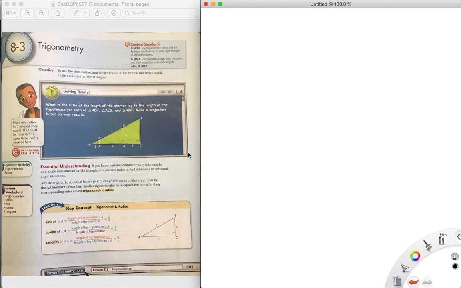Alright, this is Geometry, Chapter 8, Section 3, intro into some basic trig. Trigonometric ratios.